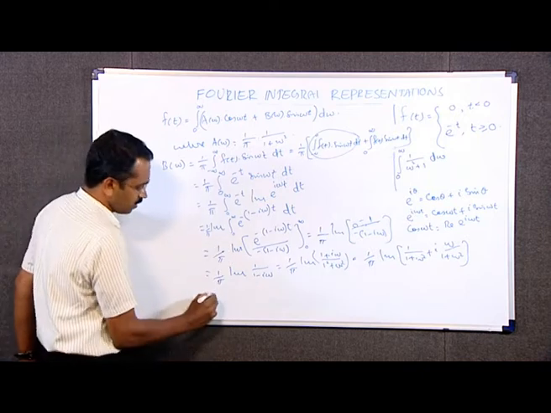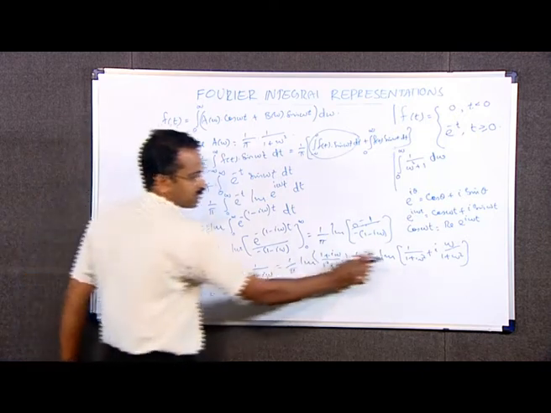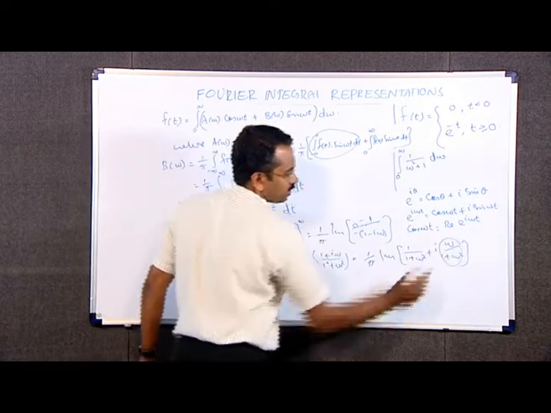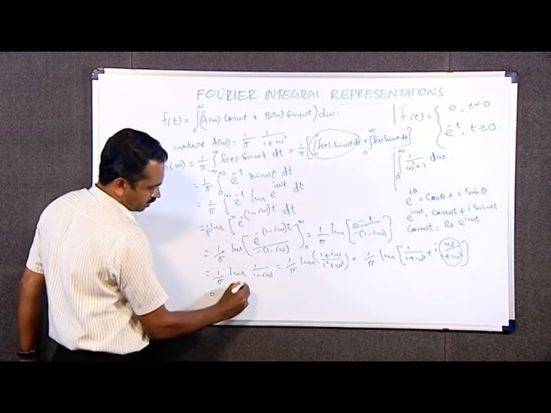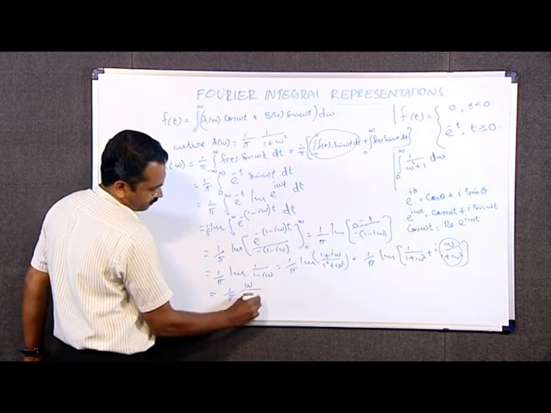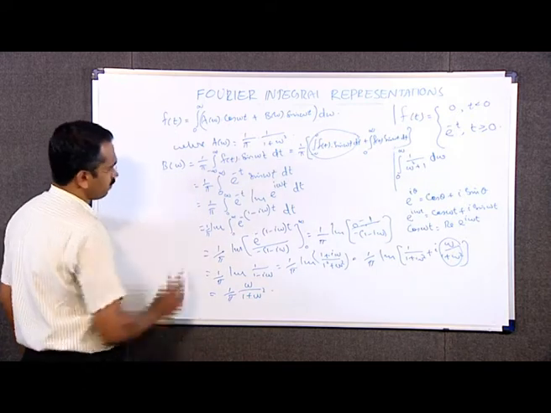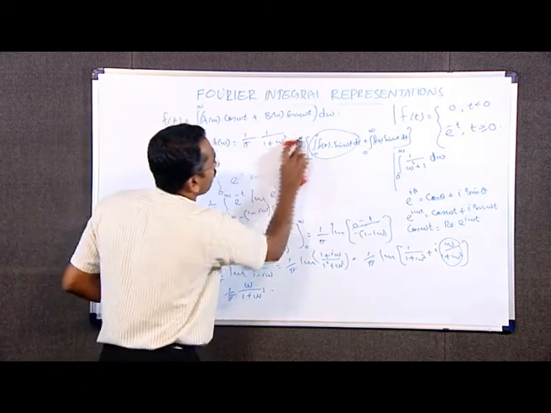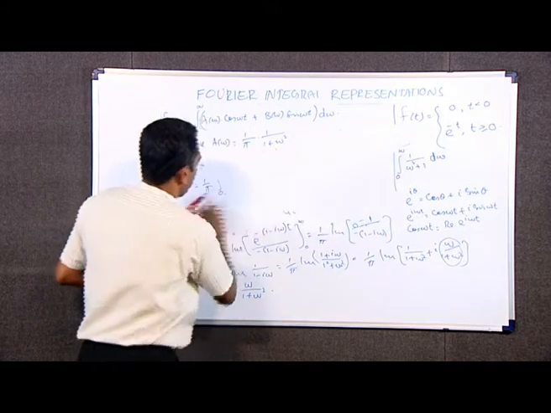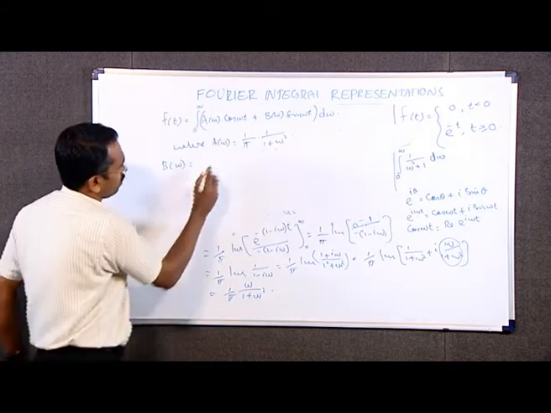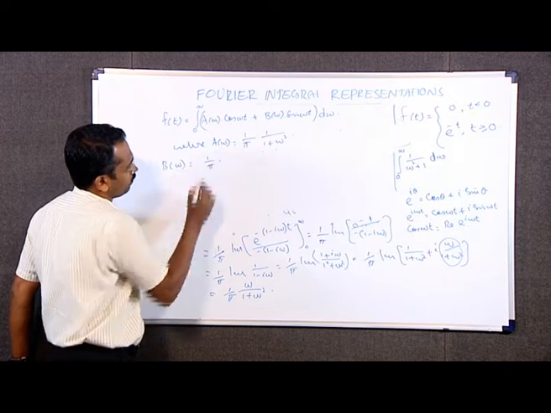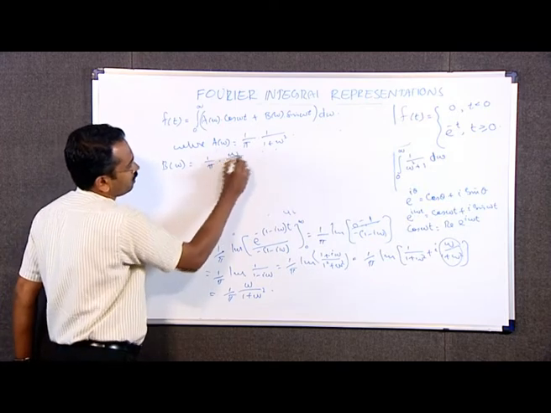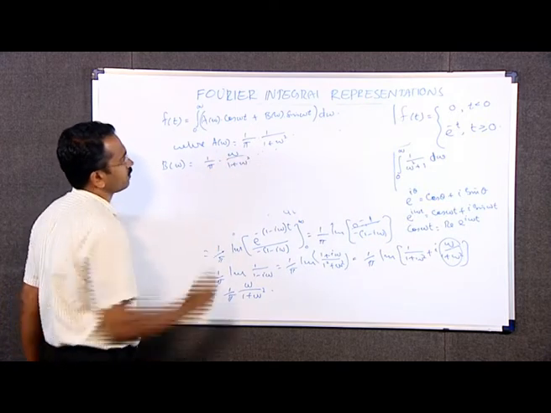That is 1 by pi into this, the imaginary part is omega by 1 plus omega square. This is the value of b omega. That is, b omega is 1 by pi into omega divided by 1 plus omega square.